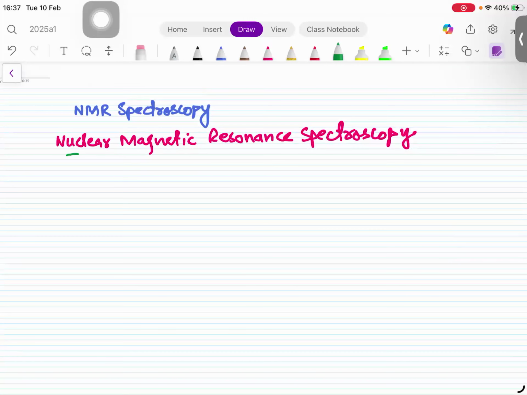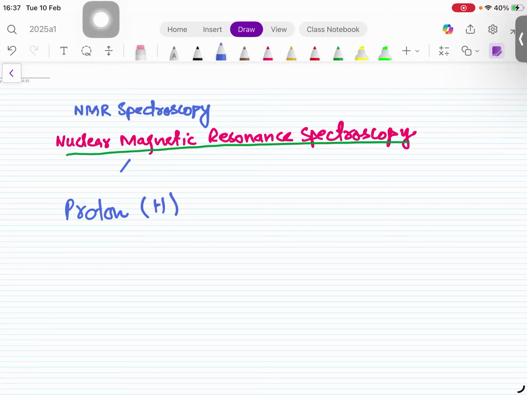There are two types of nuclear magnetic resonance spectroscopies. Number one is proton, which is called HNMR. Proton means hydrogen. Proton or HNMR spectroscopy.